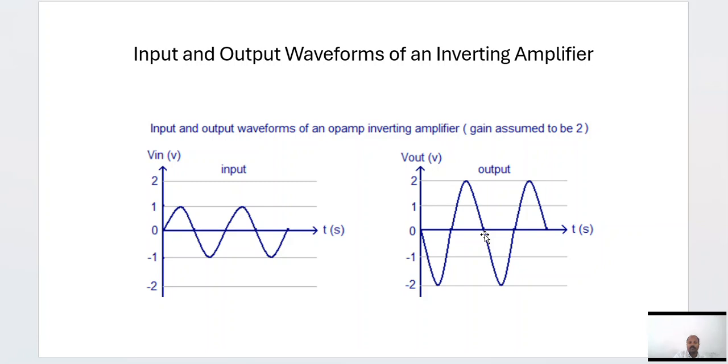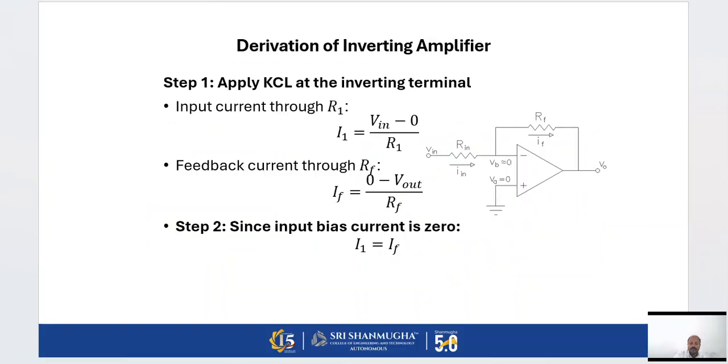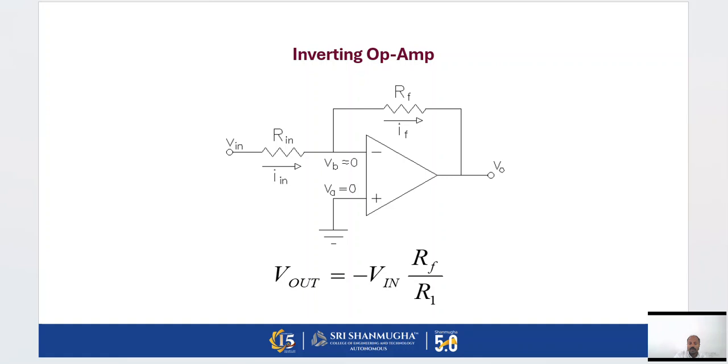Also, we can design the inverting amplifier. Suppose we know the output voltage and the input voltage, we can find the values that need to be set for the feedback resistance and input resistance.